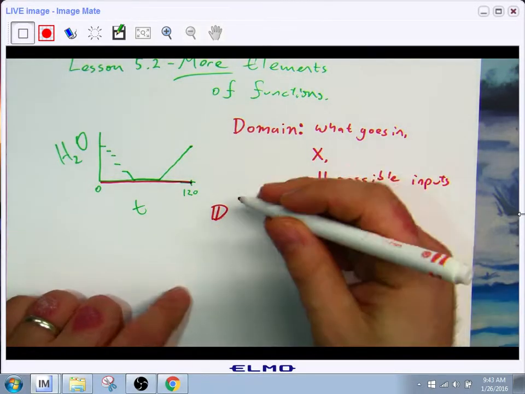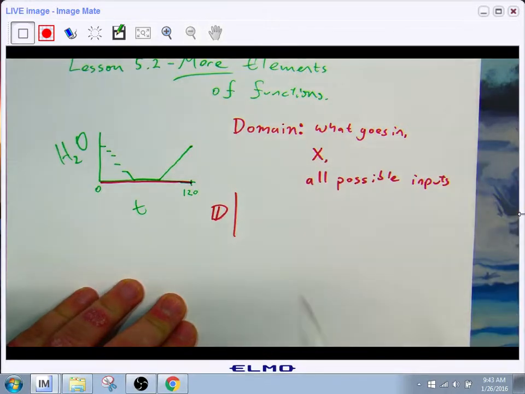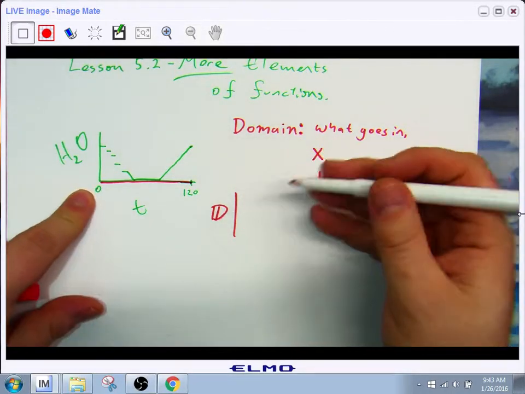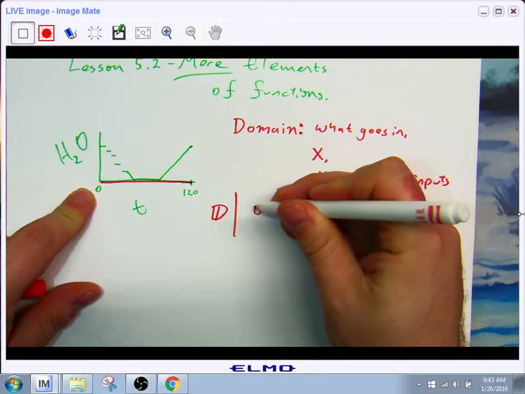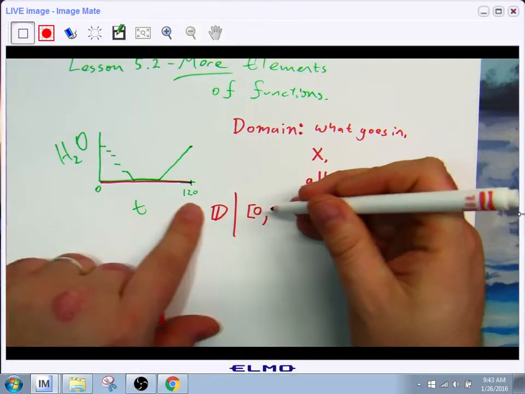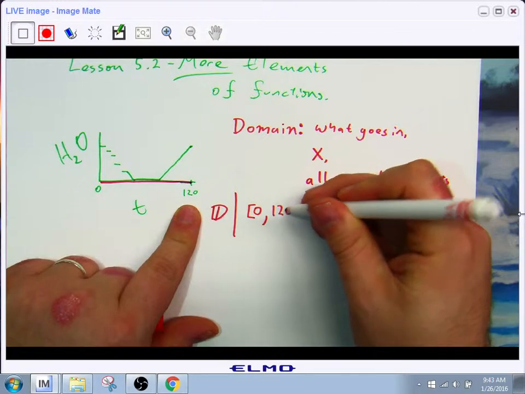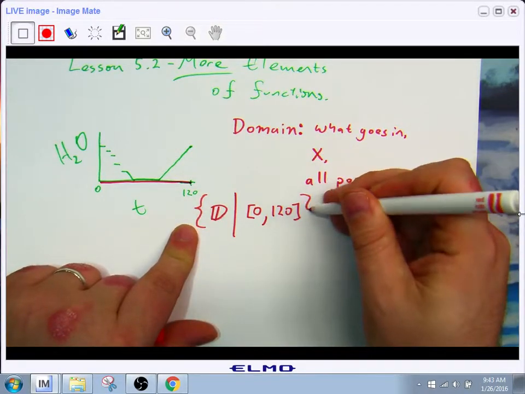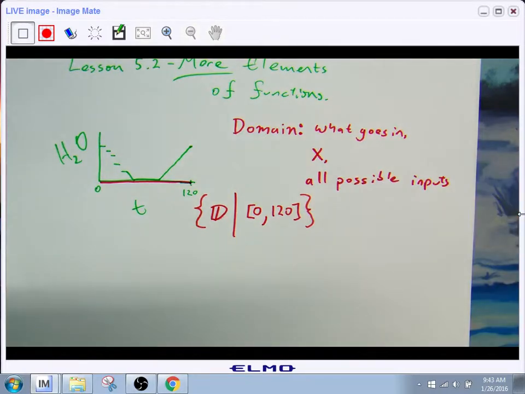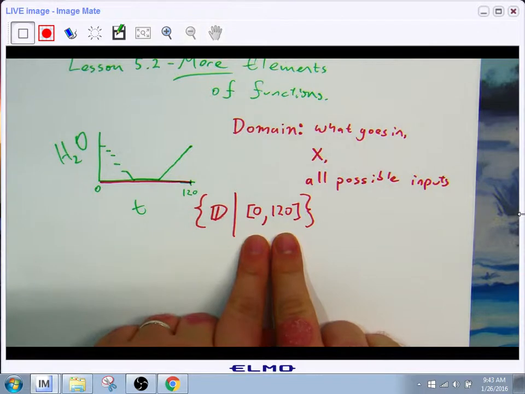So our domain would be something like this. The lowest value of our domain is 0. And our highest value of our domain is 120. This is how I would express my domain. Domain is all numbers from 0 to 120.